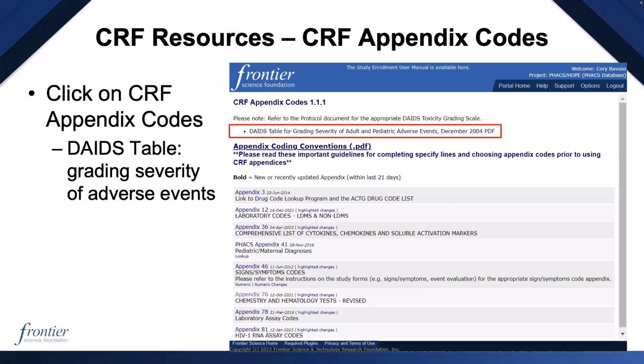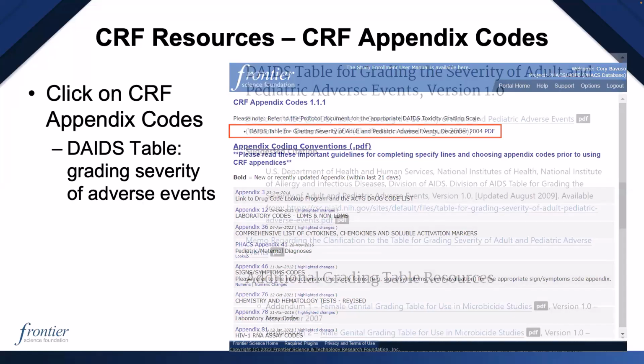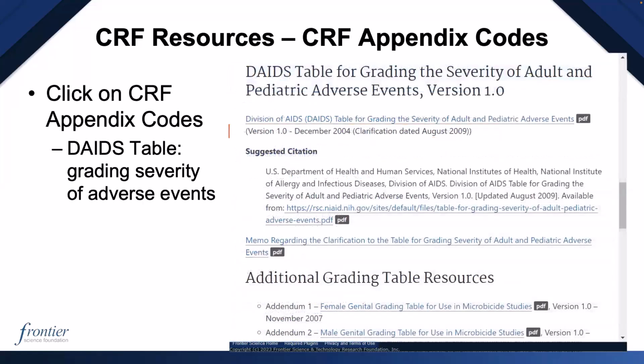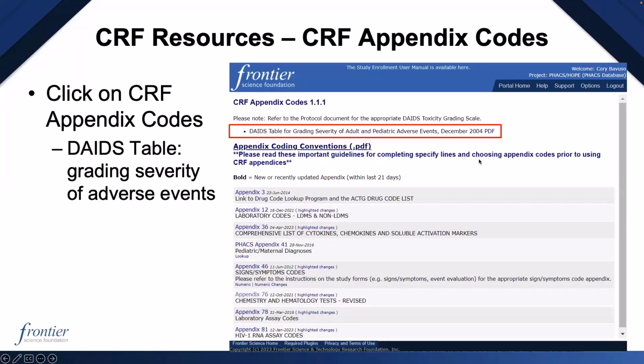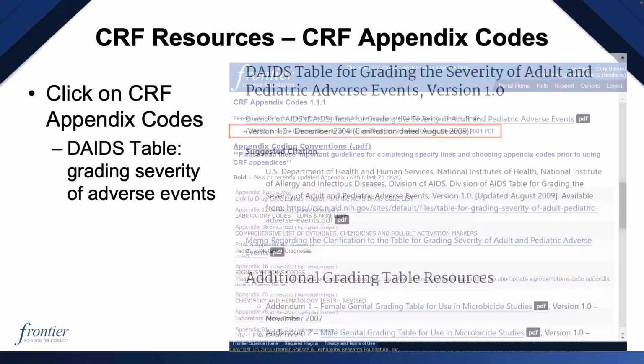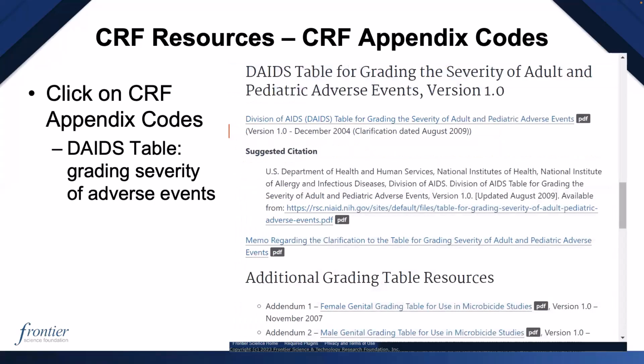Here's a PDF link that you can click. Sorry, let me go back. It's actually the text that says PDF. That's where you would click. And it'll take you to this website where you will select grading tables. And then you're going to need to scroll all the way down to get to version 1.0, which is the one that we use in FACTS.